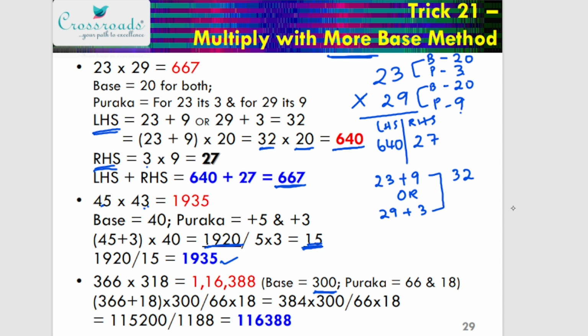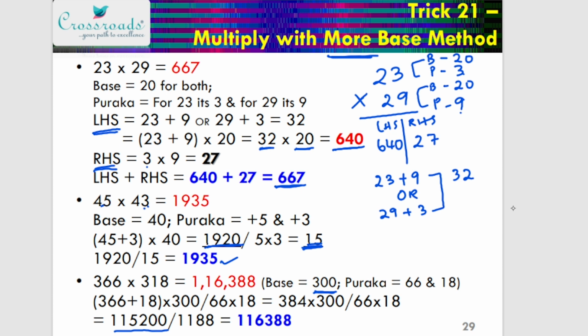As all of us know, 366 plus 18 will be nothing but 384. 384 into 300, I'll get my answer as 1,15,200. Now how do we get my RHS? 66 into 18.